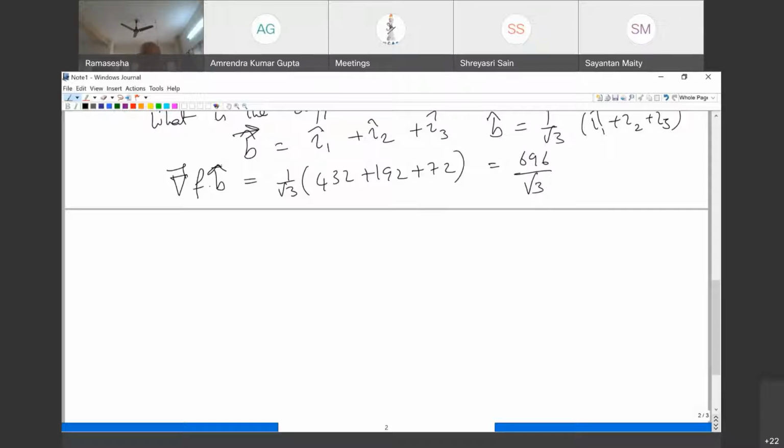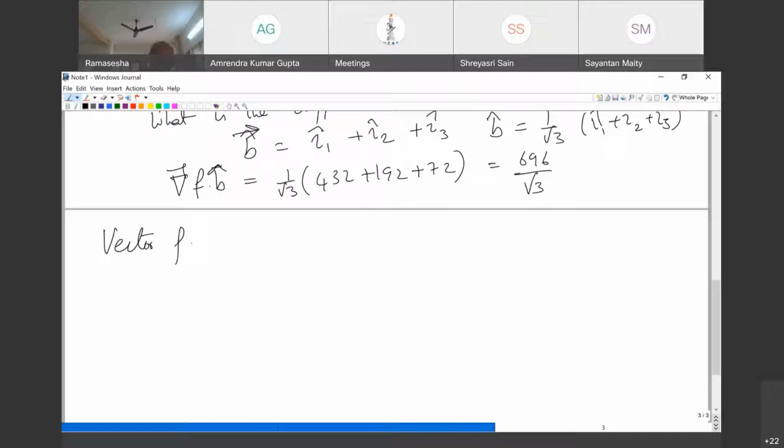Now I go to another kind of quantity, let me look at a vector field. The vector field that I have is, say, a velocity field of water flowing in a river. So there's water flowing down a river.